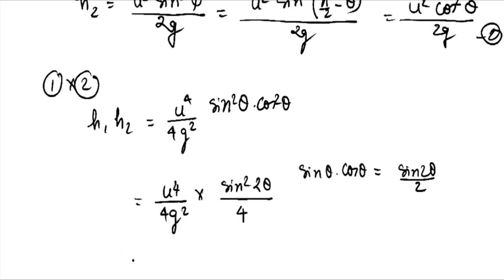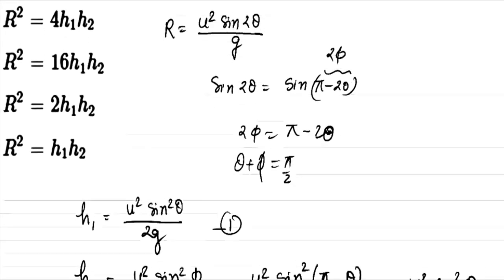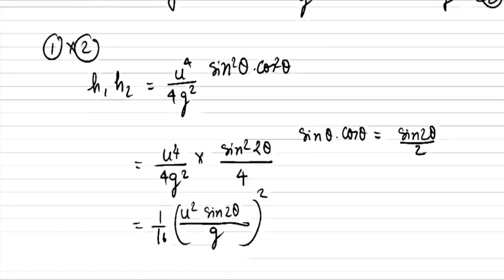So if I take this 1/16 outside, then you will be able to see that this is (u² sin 2θ / g) whole square. Now you can compare this with this expression, right?